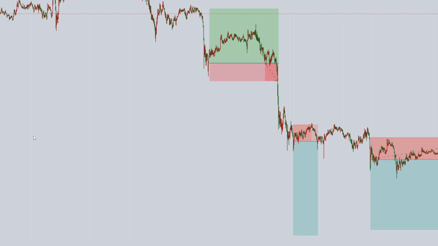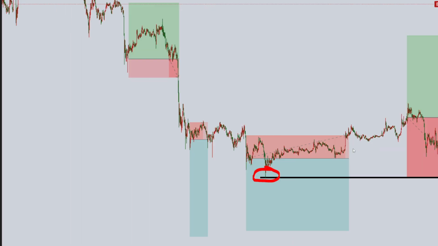And what happens to that short? Well, you get stopped out over here already. But they don't really make new highs either. They go down further, and you still see lower highs, right?